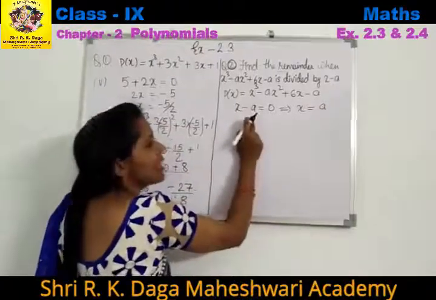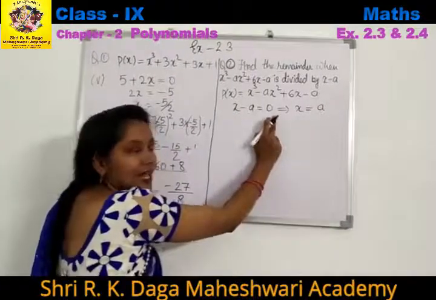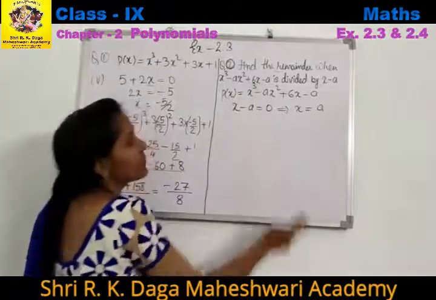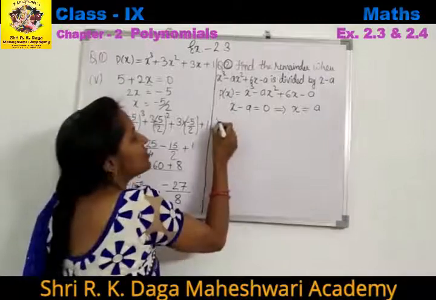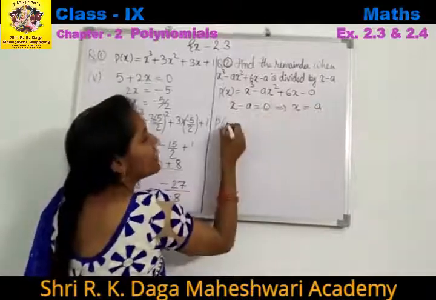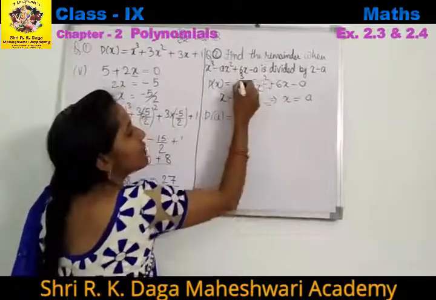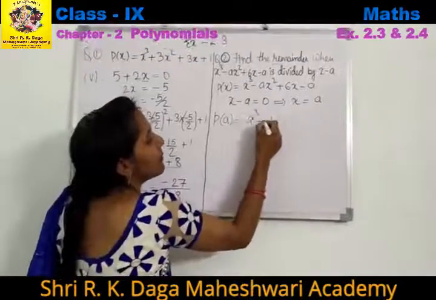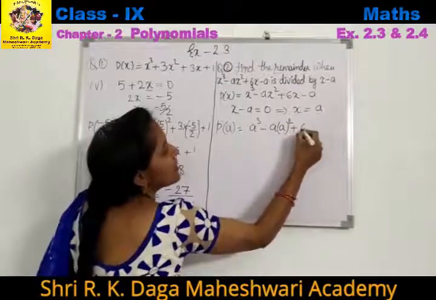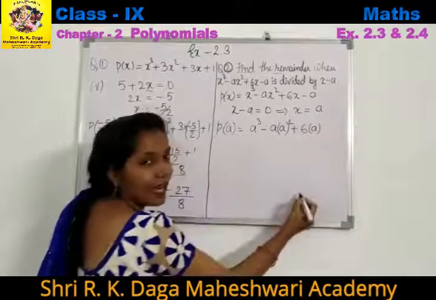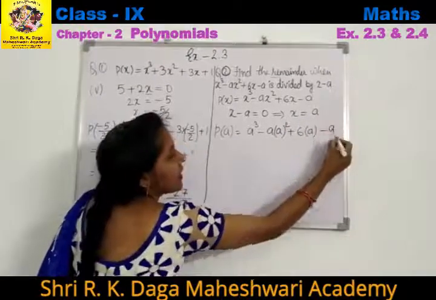When we shift this minus a to this side, it will become plus a. Now put the value of x in this polynomial. So p of a equals a cube minus a into a square plus 6 into a minus a.